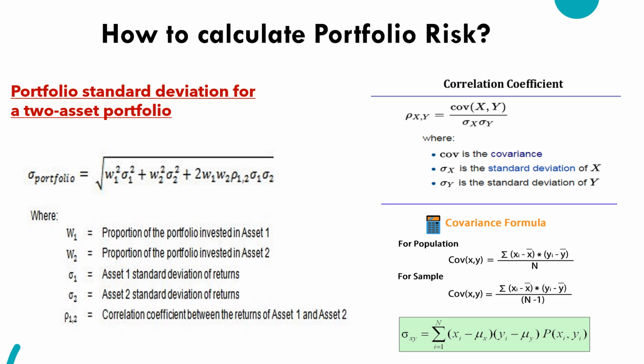After calculating the expected rate of return of a portfolio, now we are going to calculate the risk of a portfolio using the standard deviation of the portfolio returns. Portfolio standard deviation basically refers to the volatility of the portfolio, or simply the amount of the investment returns that deviate from the mean of the probability distribution of investment. There are three important factors that are included in the calculation of standard deviation of a portfolio. The first one is the proportion or weight of the portfolio invested in each asset.